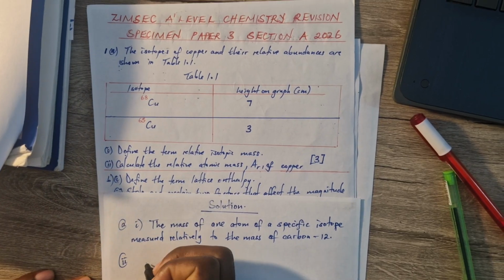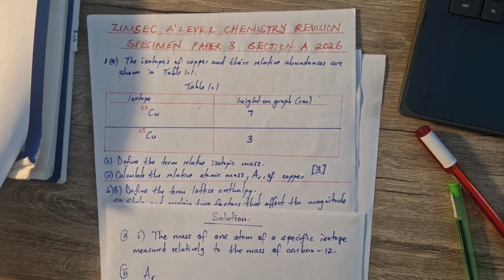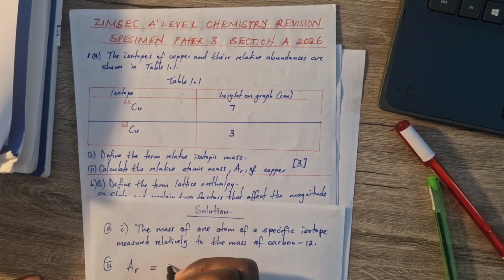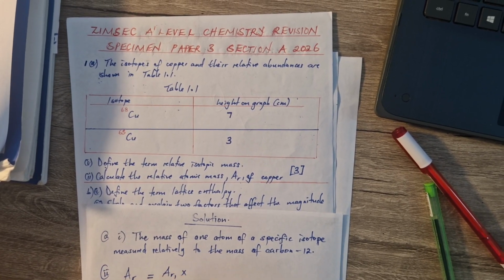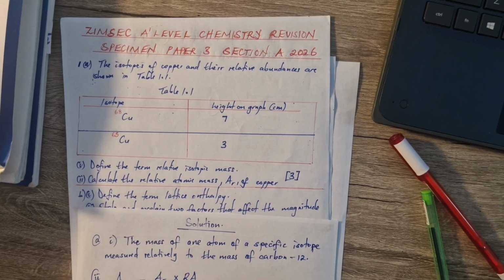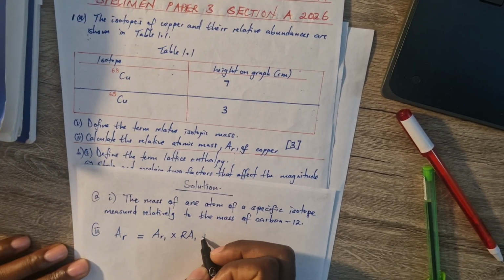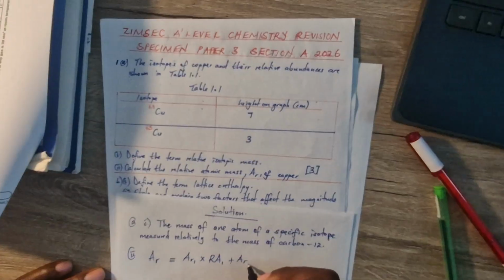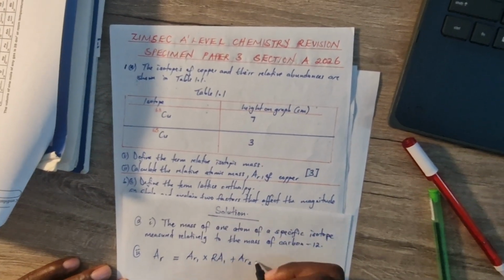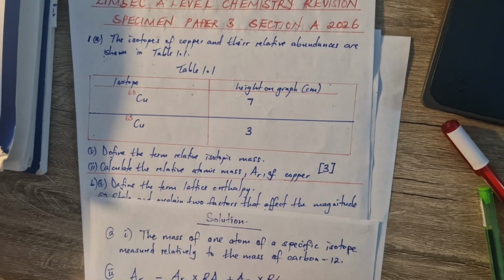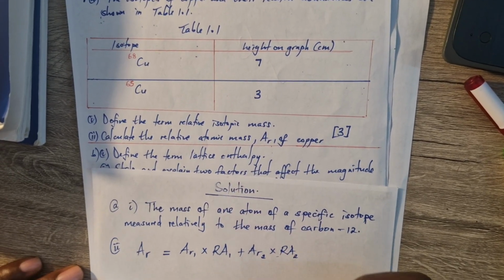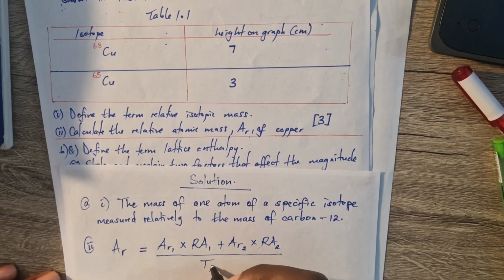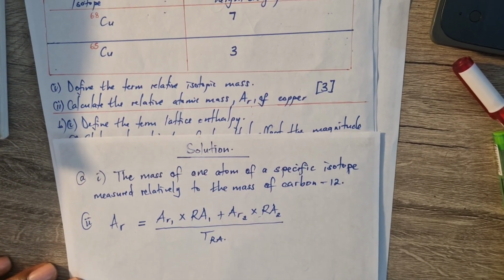So to find the relative atomic mass, generally we say the relative isotopic mass of isotope 1 multiplied by the relative abundance for isotope 1, then plus the relative isotopic mass of another isotope multiplied by the relative abundance of that isotope, then all over the total relative abundance. So that's the general formula.